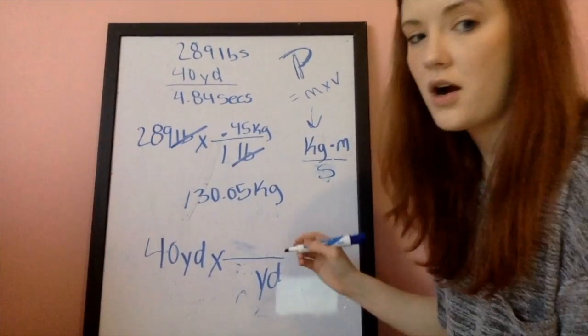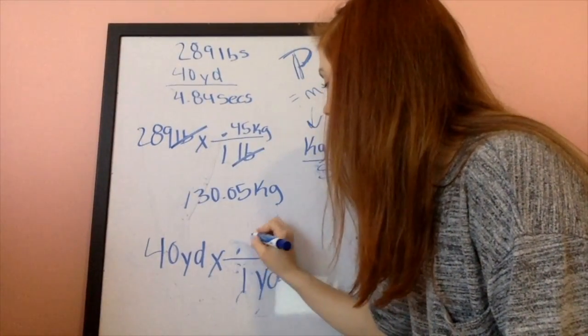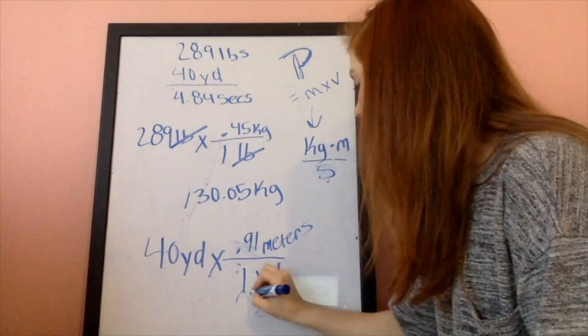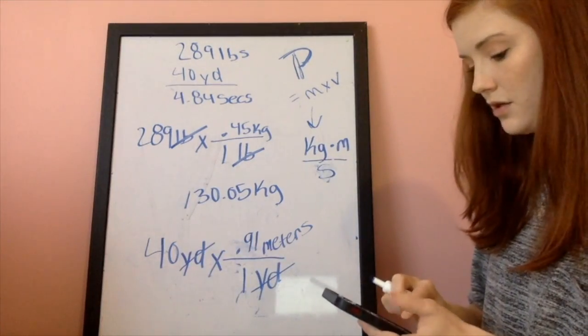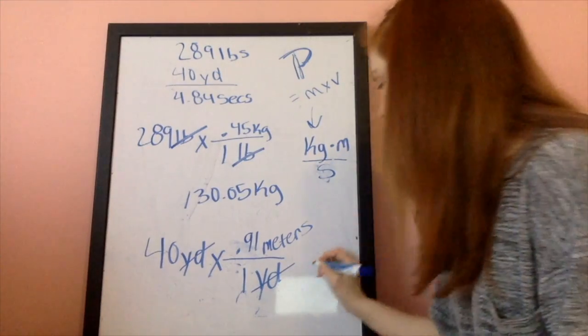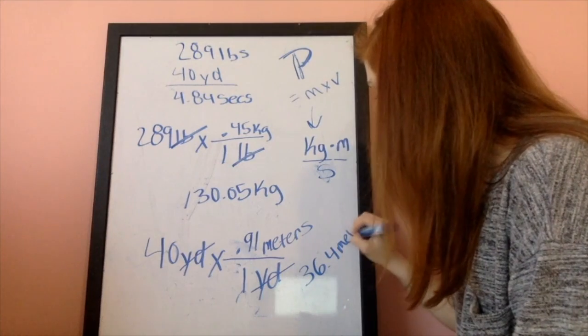So for every 1 yard, there is 0.91 meters. So when we multiply, 40 times 0.91 equals 36.4. Now that's just our meters though, right?